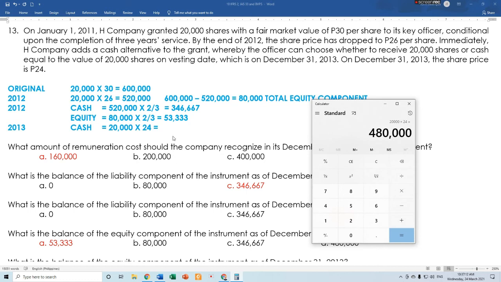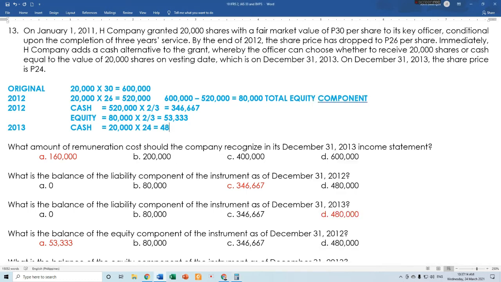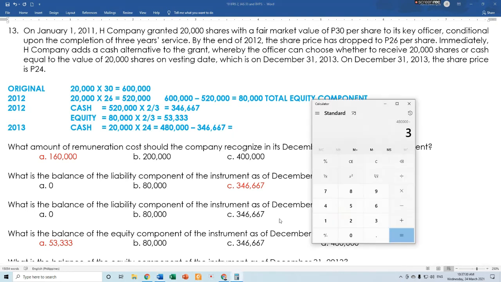That's going to be 480,000. Kung ibabawas natin yung 346,667 na na-recognize na before, ang lalabas dyan ay 133,333.